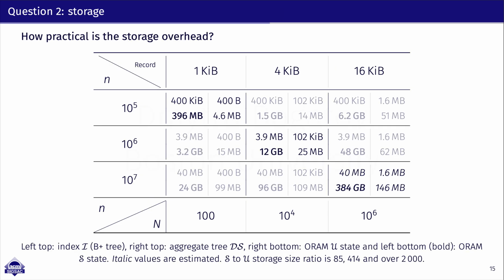In this table, we put the observed storage occupied by different components. The bold is server storage, the rest is client. If we look closely at the three highlighted blocks, which represent smallest, default, and biggest data sizes, we will observe that the server to client ratio goes from as small as 85 to as large as over 2000.